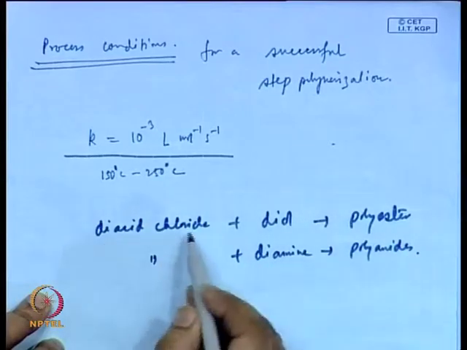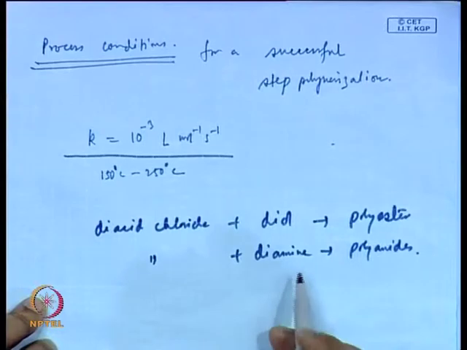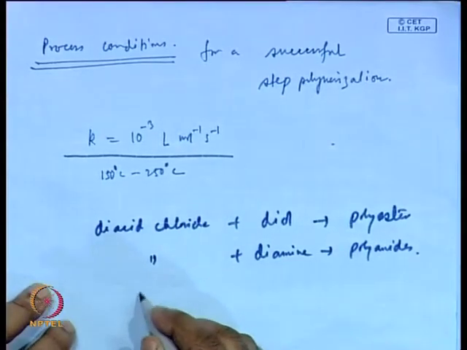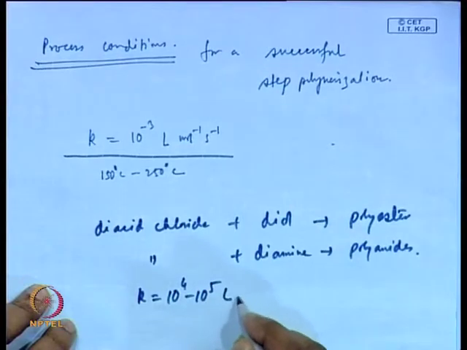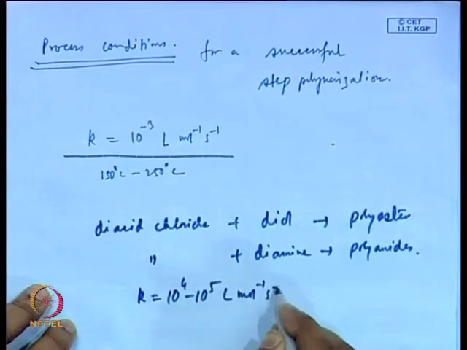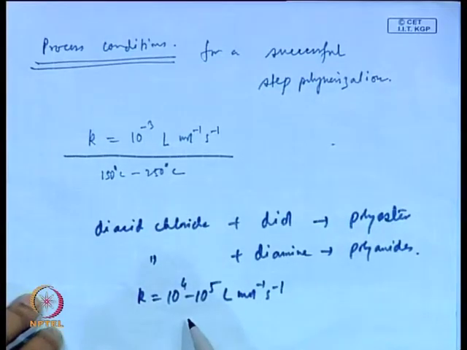These diacid chloride reactions with diols or diamines are very fast, and K is of the order of 10 to the power 4 to 10 to the power 5 liter per mole per second, which means they are much faster compared to normal step polymerization reactions.